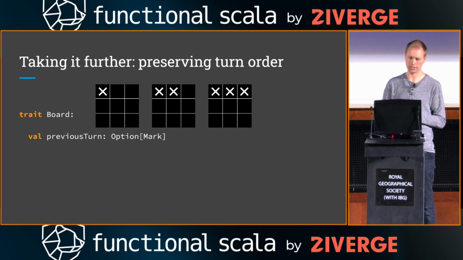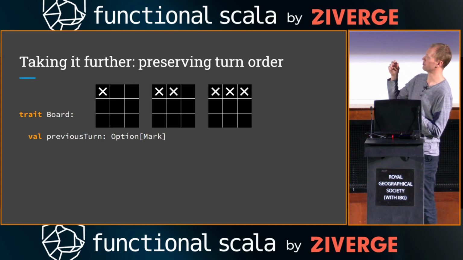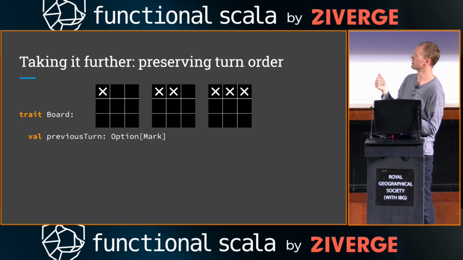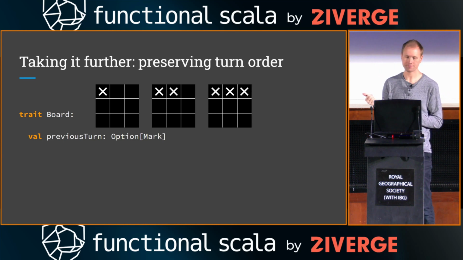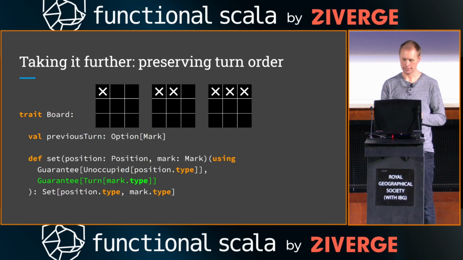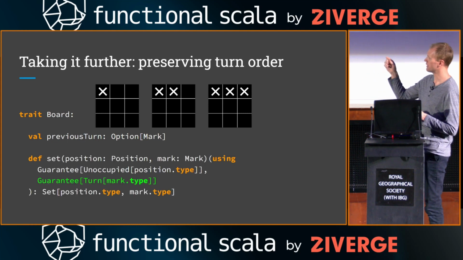And so now the board is going to contain a little bit more state. It's going to expose that there was a previous turn value. Maybe no one has actually moved yet, so it's going to be an option mark. And then our set method, well, we just need to add another guarantee.